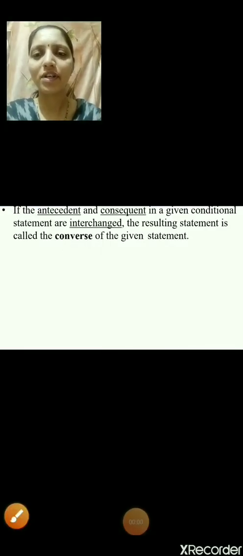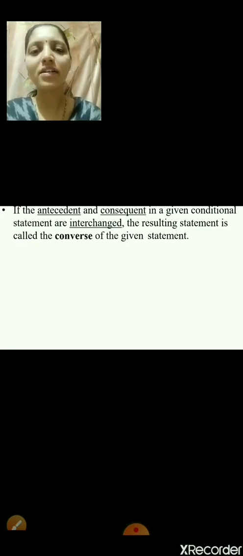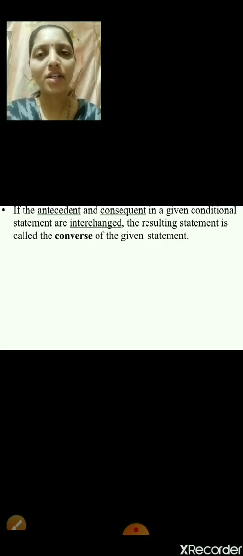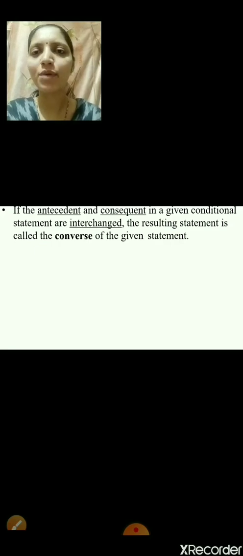Now the next point is, if the antecedent and consequent in the given conditional statement are interchanged, the resulting statement is called the converse of the given statement. Now we have seen what is conditional statement, the statement which is in the form of if then.